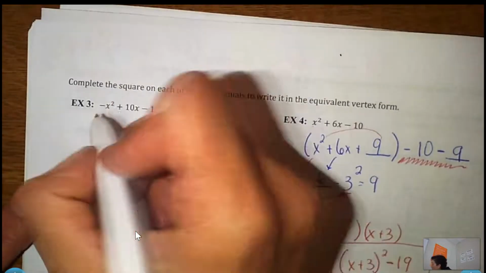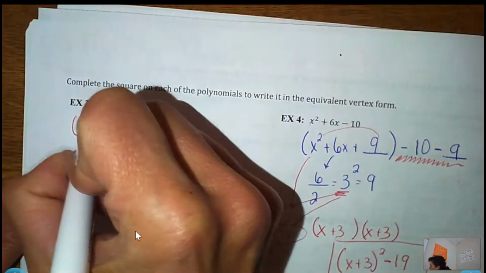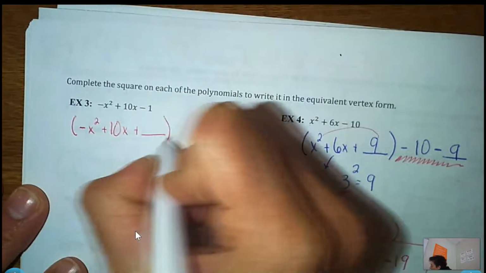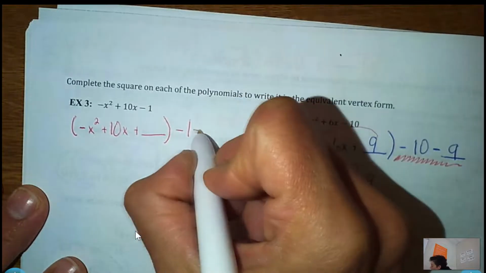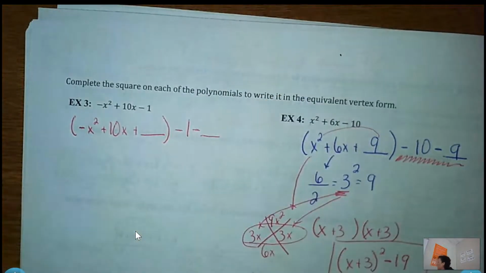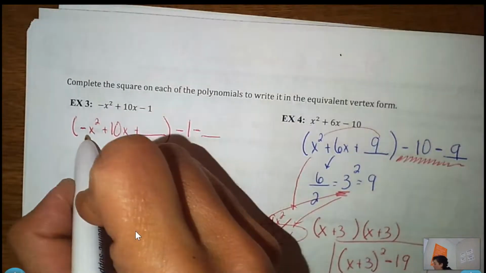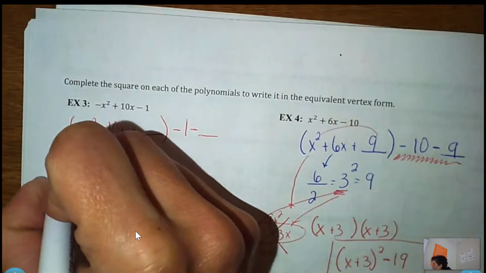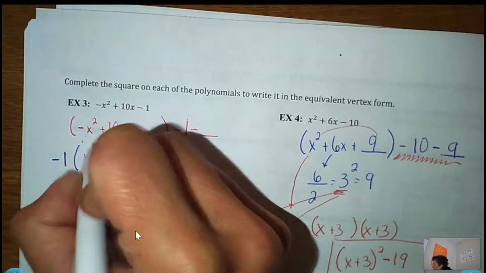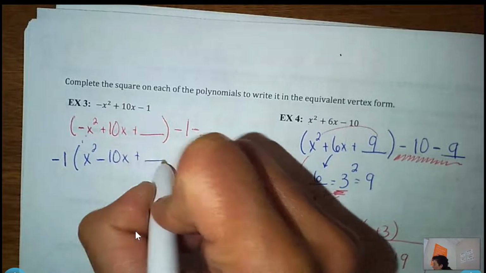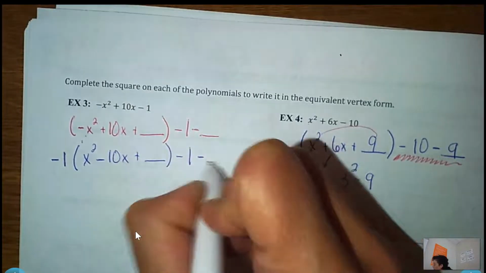Let's shorten it even more. So again, the first thing I'm going to do is group my x's together. No shortcut yet. Add the blank. There's my non-x term, the constant, with the subtracting blank. Again, we always have to factor out the leading coefficient if there is one. In that case, there is technically a negative 1, which turns this into x squared and turns this into minus 10x. Everything else is just dropped.